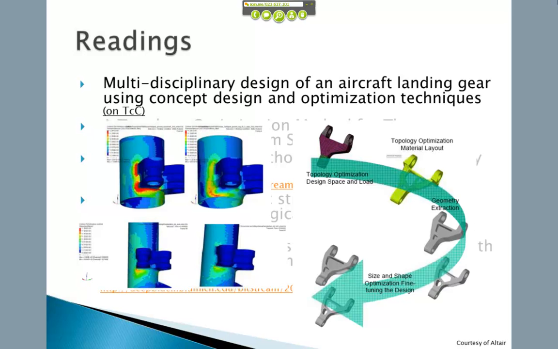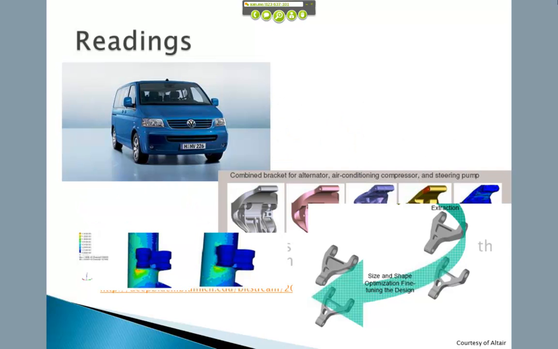In this class, we don't do this last step, the shape and size optimization, but it's available, and we will talk a little bit about it once we get into the finite element stress calculation of our actual parts. We will come back and say, okay, you have a parametric part. Can you improve the part by changing radii, by changing thickness? That's where you get into the shape optimization piece.